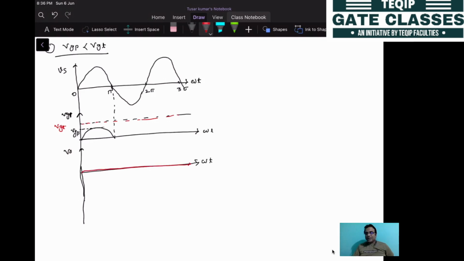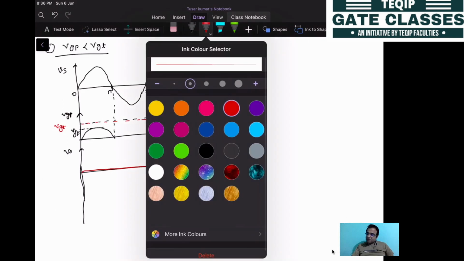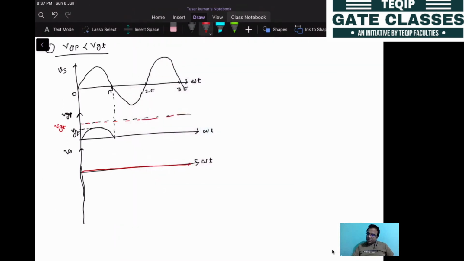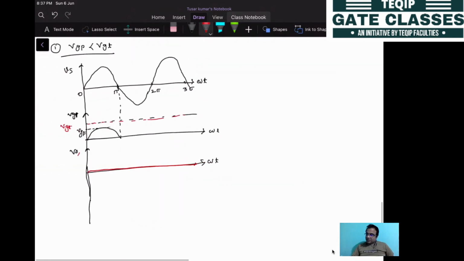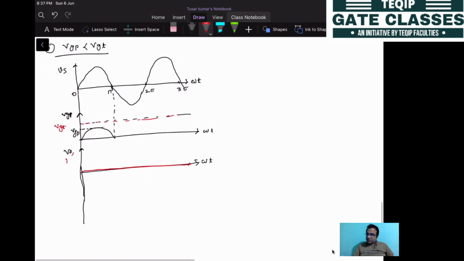Practically, a very small amount of current flows, so a very minimal voltage drop will be there, but theoretically there will be no voltage. So V0 will be 0, as well as I0, the load current, because the device is not conducting.